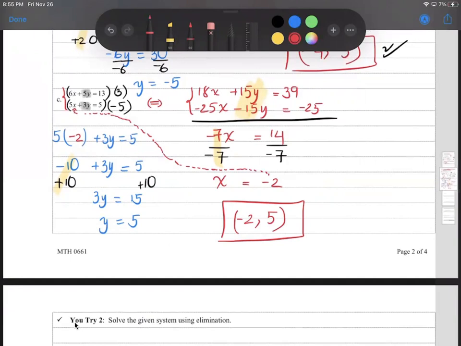You know what? Let me check it with you using decimals, for giggle.